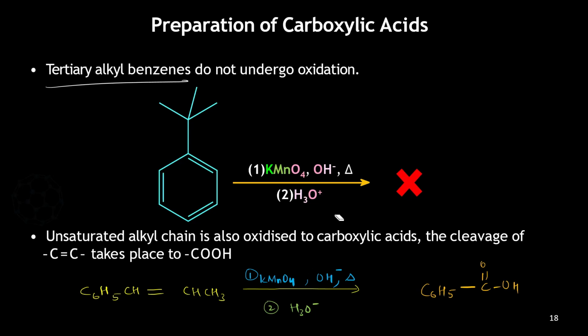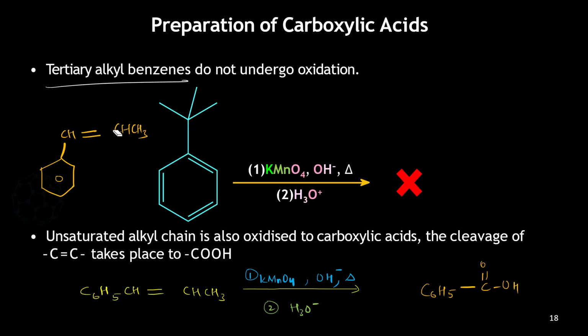So whatever this unsaturated side chain is there, that means this is the benzene group. Okay, you can see this is the benzene group. On this benzene group, CH is present and there is a double bond and there is a CHCH3. So this is how it is present. Now what happened? Whatever this unsaturated side chain is there, it will break the bond between these two double-bonded carbons.